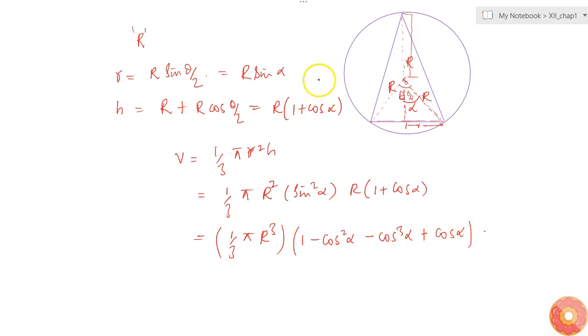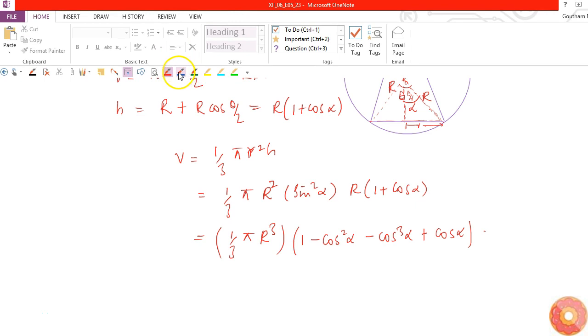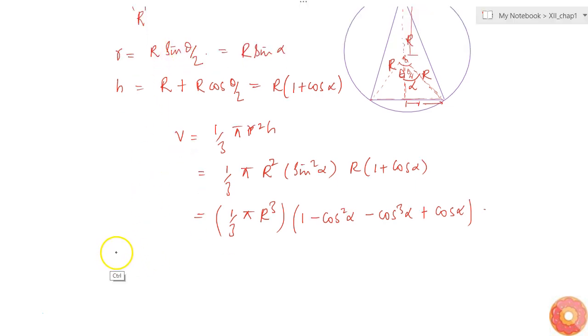So now we know that this should be maximum. We need to find a condition when this is maximum. We also know that the volume of a sphere is equal to 4 by 3 pi R cube.